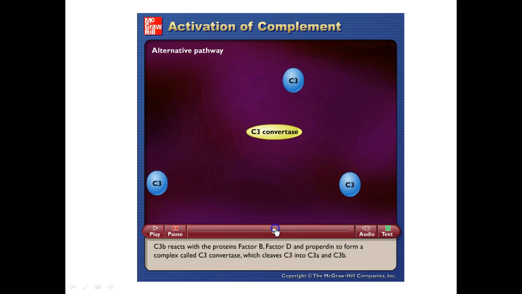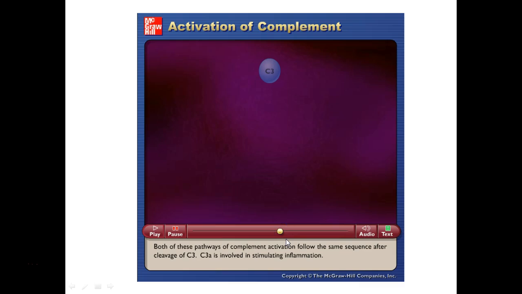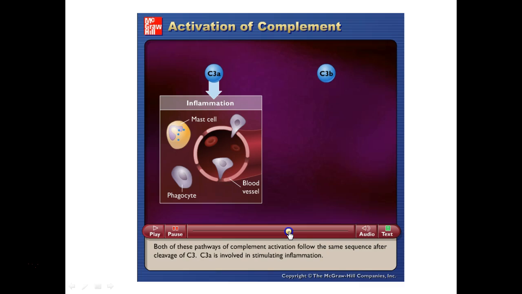Now, for the alternative pathway, it's all about C3 becoming C3a and C3b. And that's because C3b bound to the surface of the cells, right? It's not being regenerated. So most of the pathways, once you get to C3 being converted and being split continually into A and B fragments, the pathways are very similar, right?